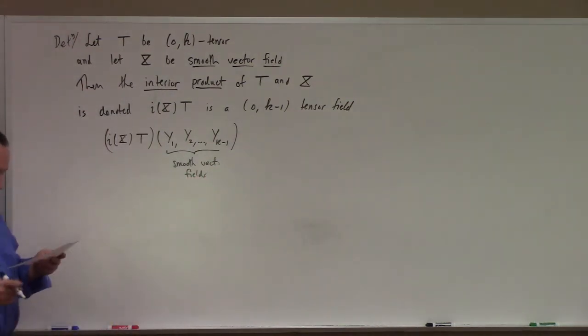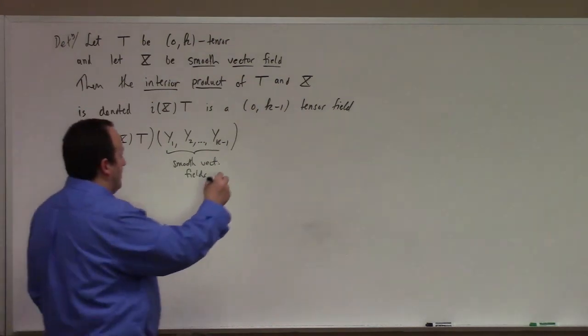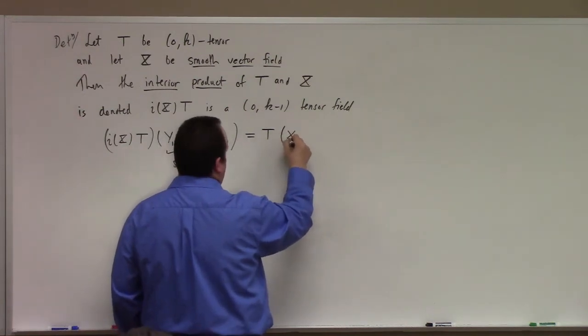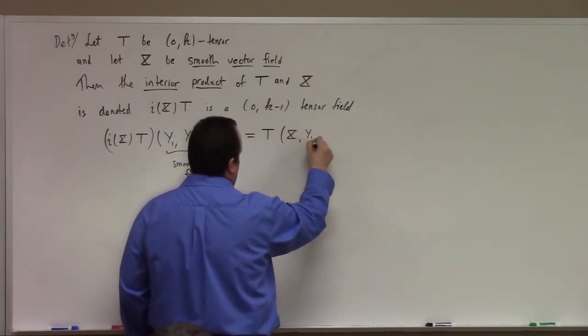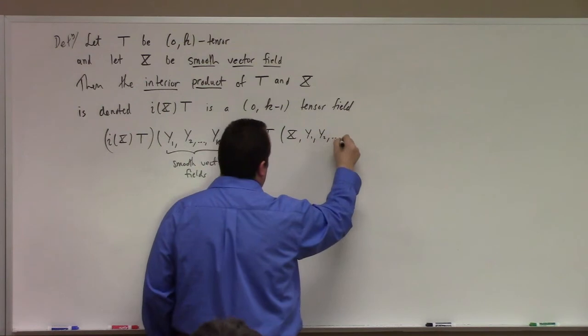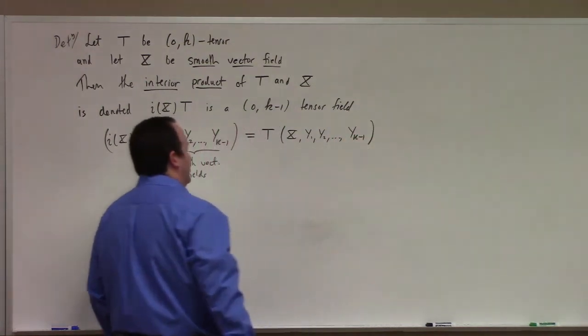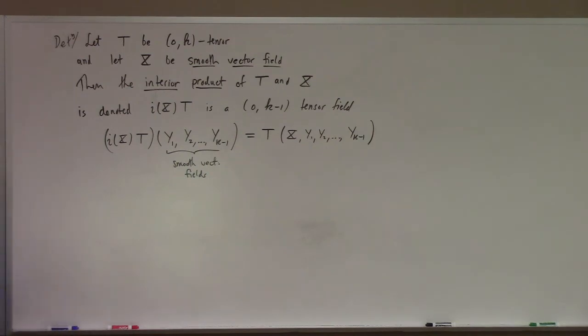And what do you get? T of X, Y1, Y2, up to Y_(k minus 1). You're like, this needs a name? Yes, this needs a name, because it's actually an important operation.